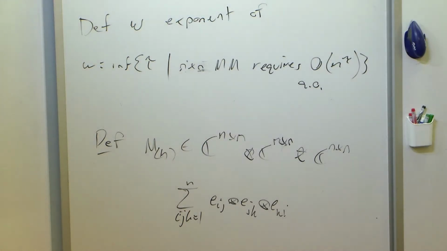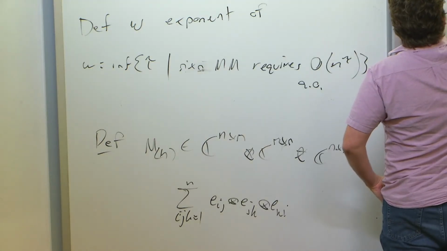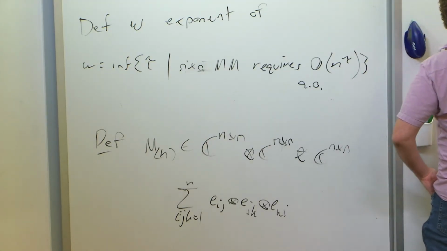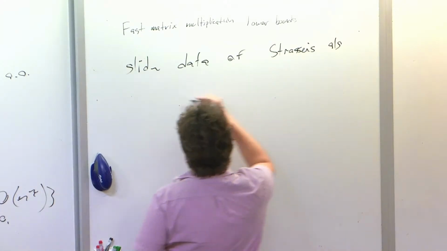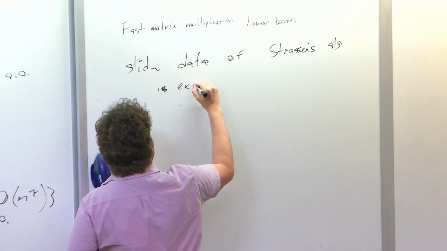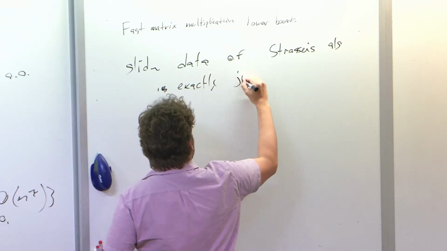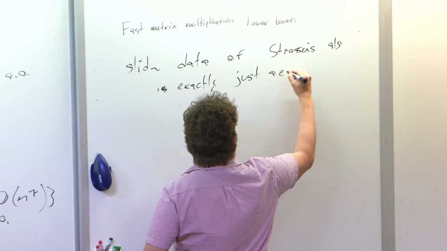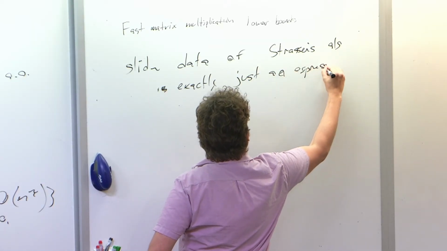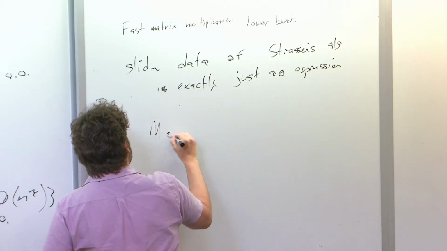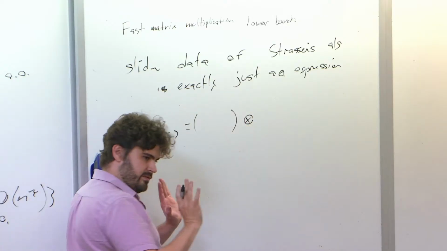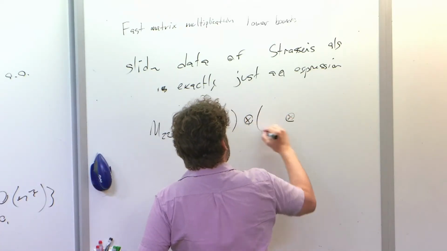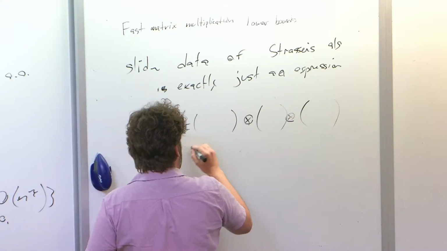Well, it's just slide data of Strassen's algorithm, which is exactly just an expression of M2 equals, and then I collected the information of Strassen's algorithm to a plus and so on.